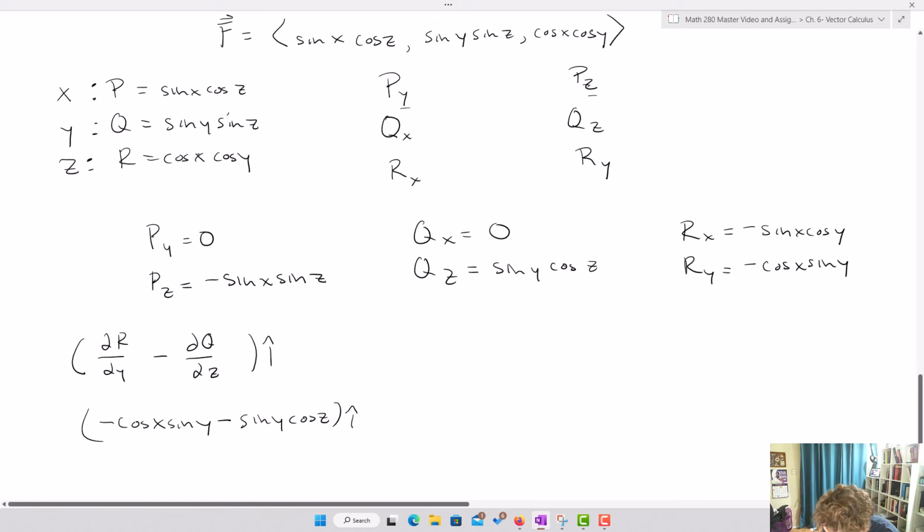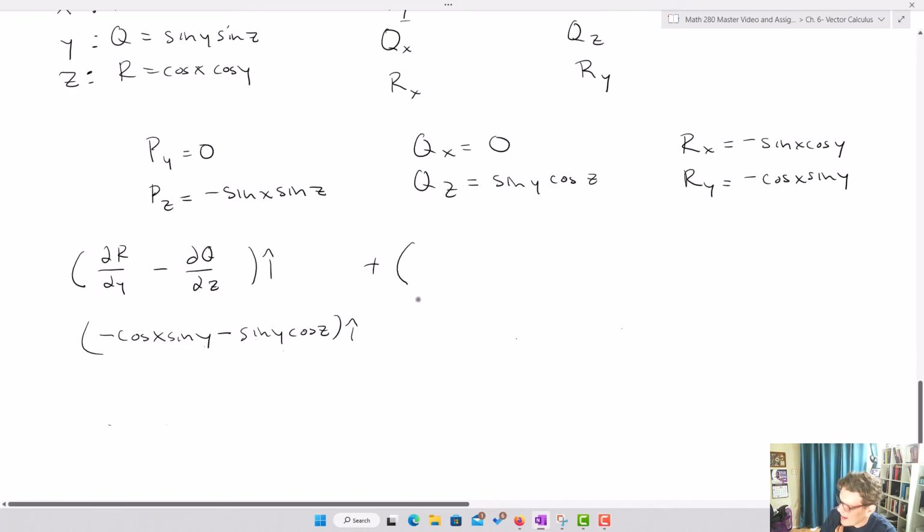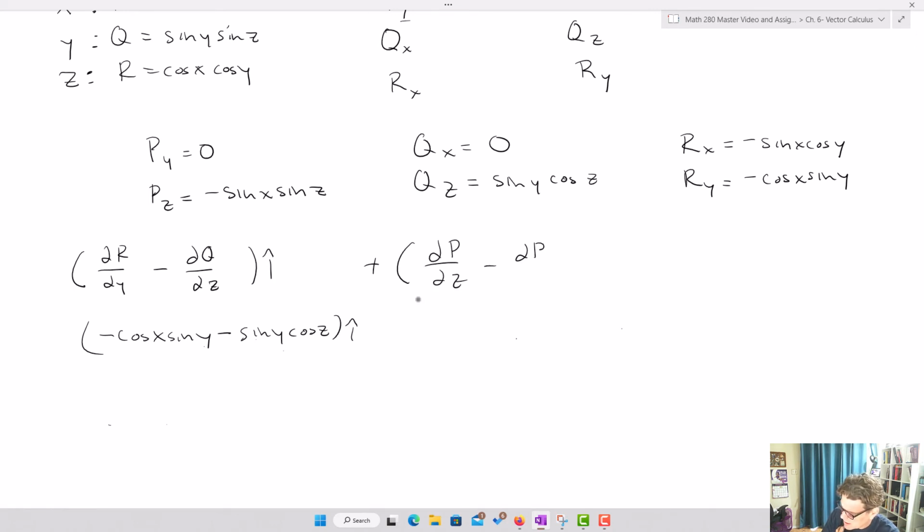That'll be our ith term. We're going to add to that Pz minus Rx, and that'll be our jth term. So our Pz is negative sine x sine z, minus Rx, which is negative sine x cosine y. All that's going to be our jth term.